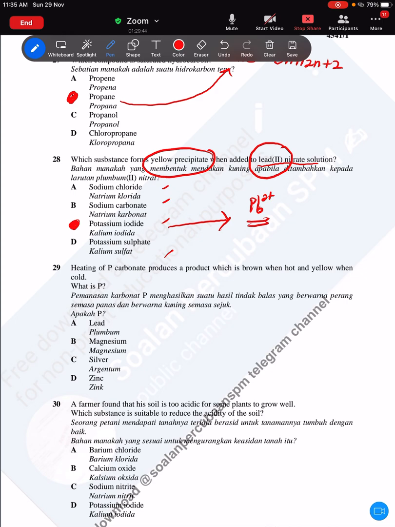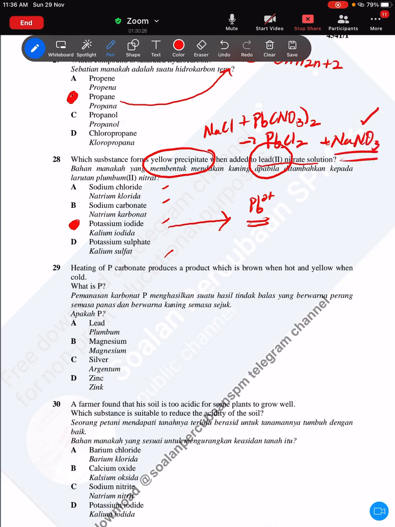Sodium chloride. Wait, what does it form? Let's do the equation. Pb(NO3)2 reacts to form PbCl2 and also NaNO3.